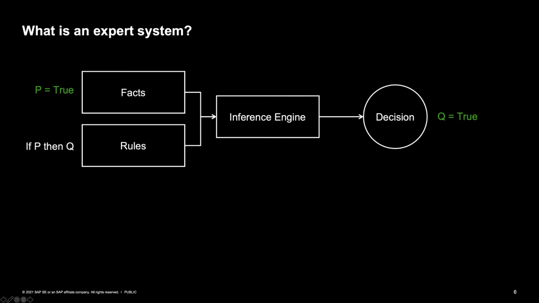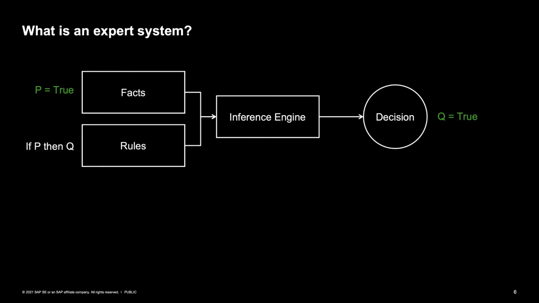We only use propositions which are either true or false. More advanced expert systems use predicates and allow addressing more complex reasoning, such as: all human beings are mortal, Socrates is a human being, therefore Socrates is mortal.